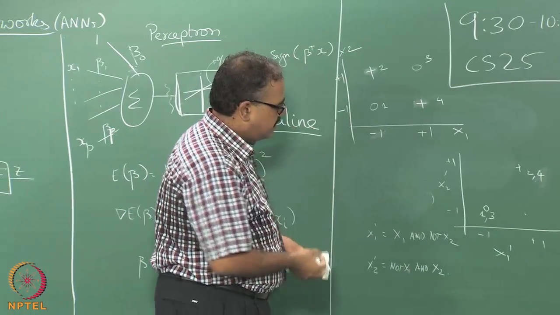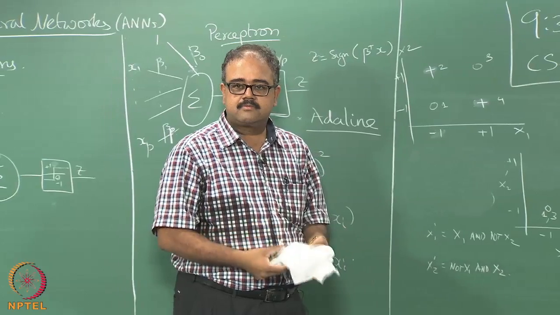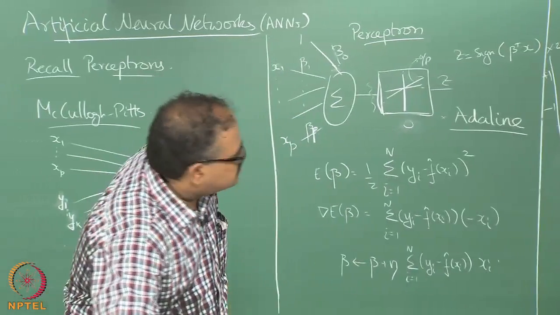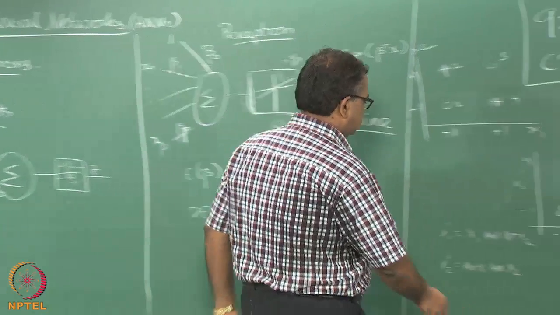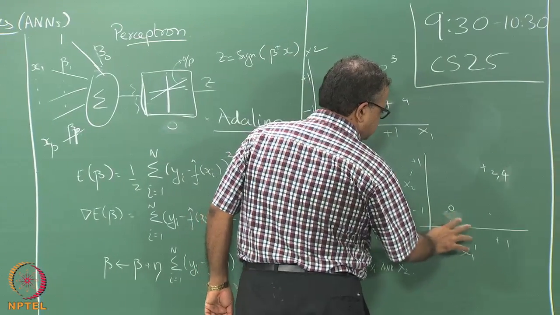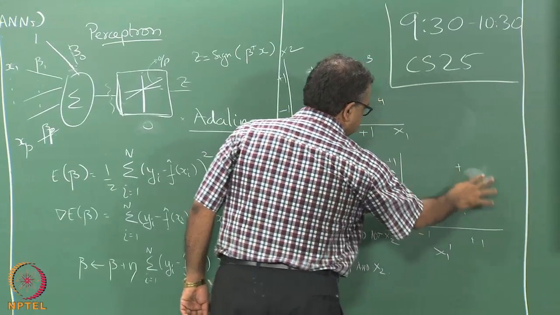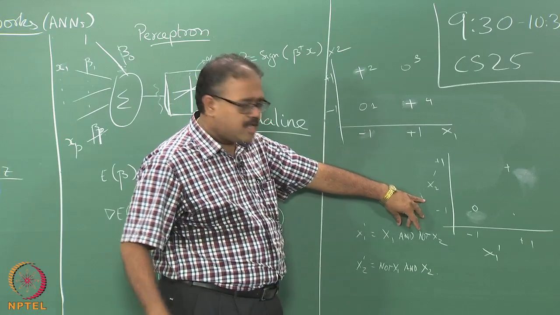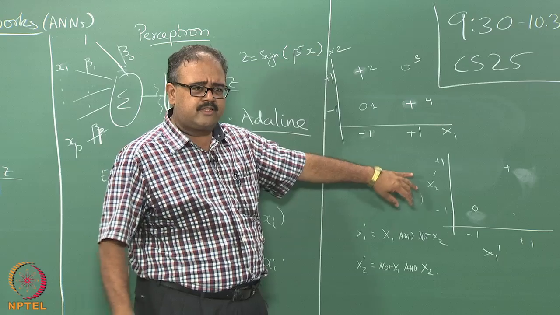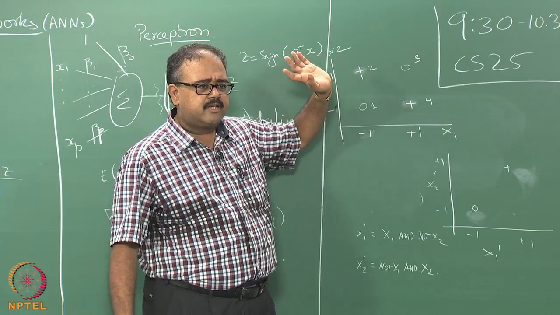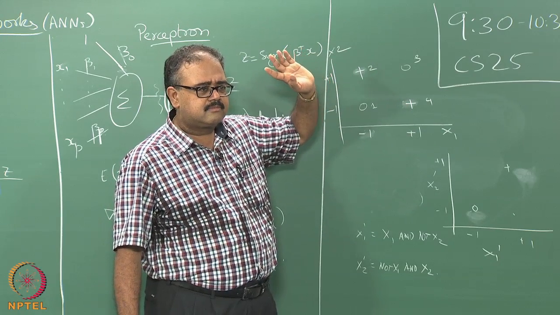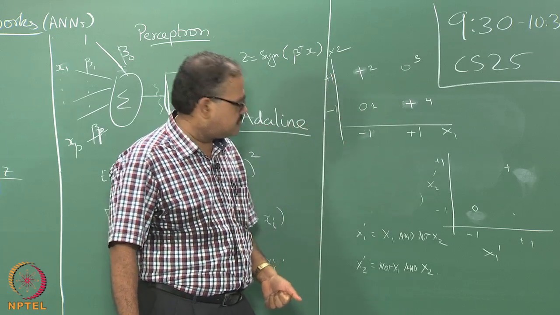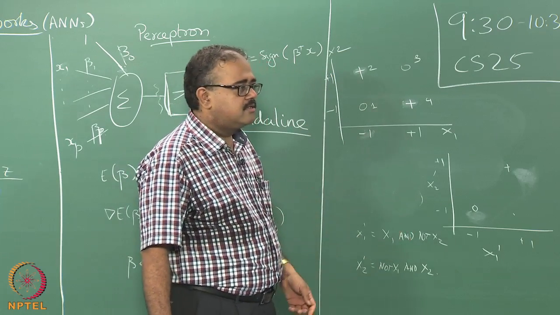Okay, now tell me. So we know that you can actually implement AND using a perceptron, right? You can implement a NOT using a perceptron. Okay, great. So now do this.